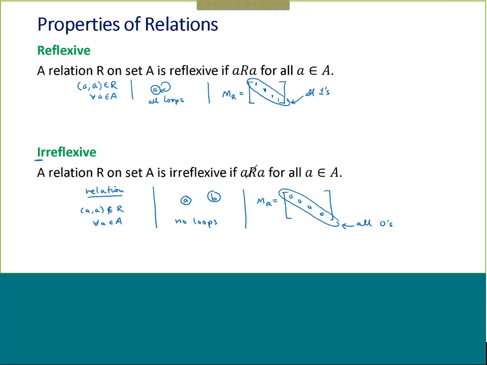So comment at the end here. We could actually have the situation not reflexive and not irreflexive. Anybody have a guess how you could tell if somebody was both not reflexive and not irreflexive? In other words, what would you have?